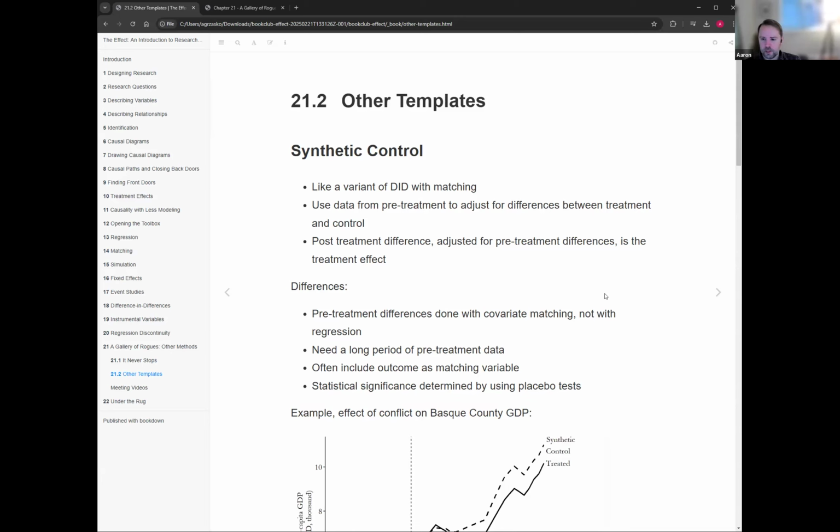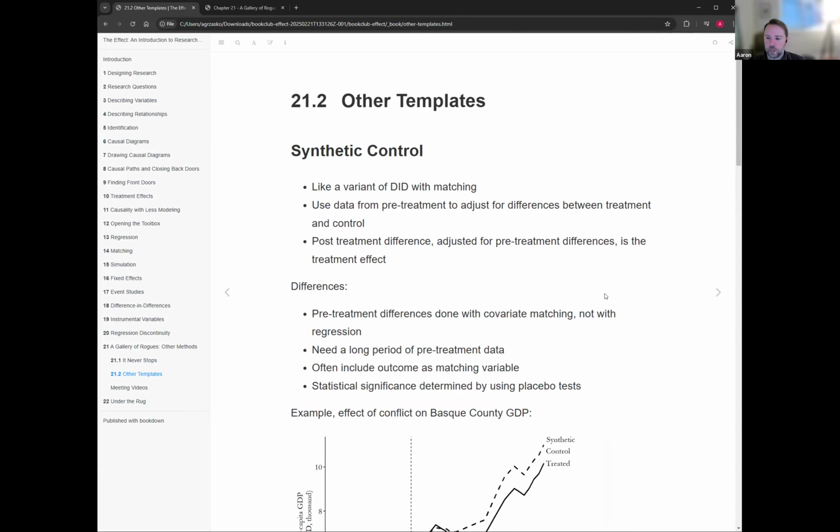I have not used this method, so it's new to me as of reading this chapter, or portions of it, within the last couple of days. But from what I understand, this is kind of like DID, difference-in-differences, with a matching element to it.